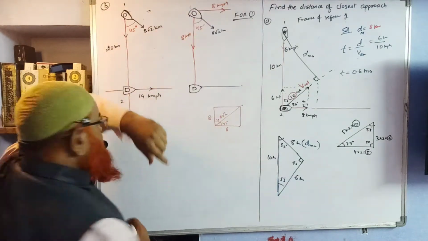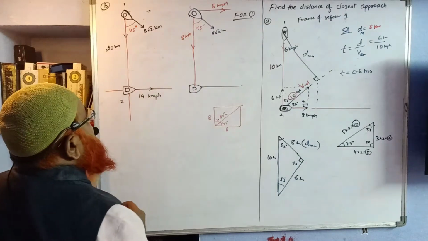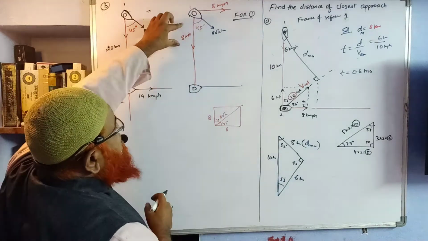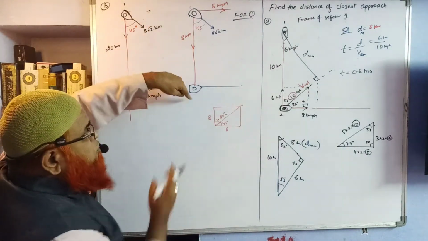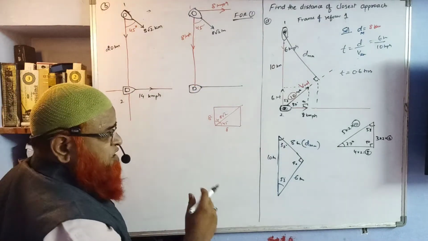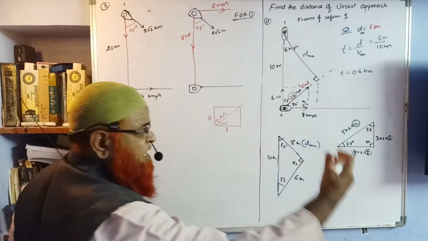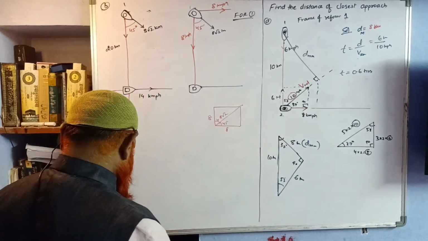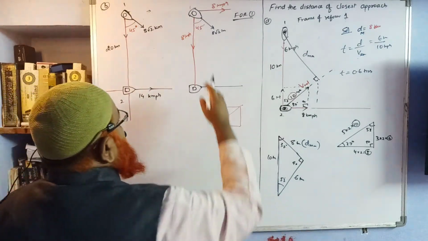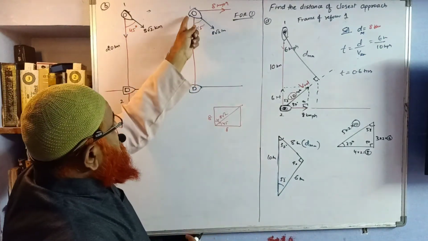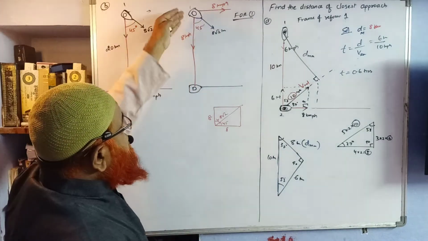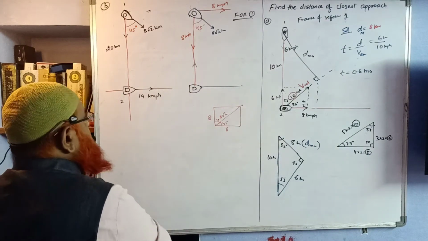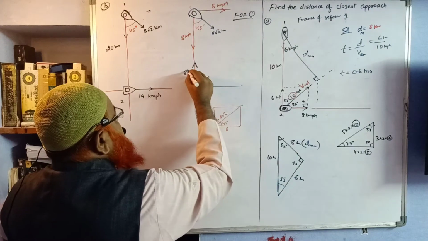You are going to observe the second boat here. Then how are you going to feel now? As you are sitting in the first boat and your vertical component is 8 kilometers per hour, you feel that the other boat is moving towards you, because when you are going in a bus towards a building, you feel the building is coming closer with respect to you, since you are at rest with respect to the bus. So when you are sitting in this boat and your vertical component is 8 kilometers per hour, you feel that this boat is moving towards you with a speed of 8 kilometers per hour.